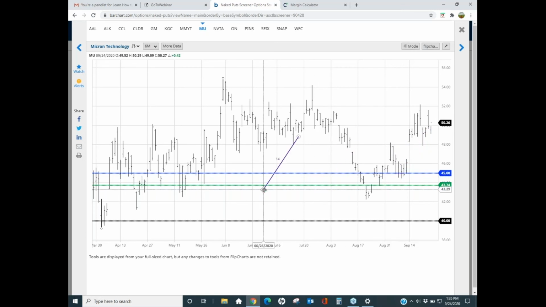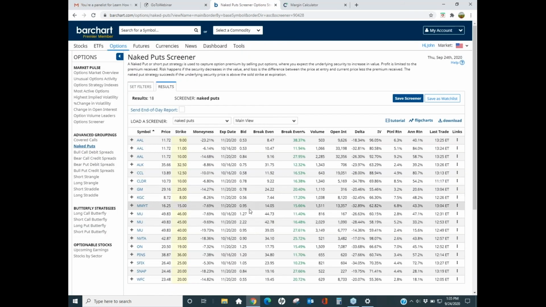But if we go all the way back to this $40, that is 123 days ago. So I feel comfortable knowing that there's a very low probability for us to see price fall back to $40.